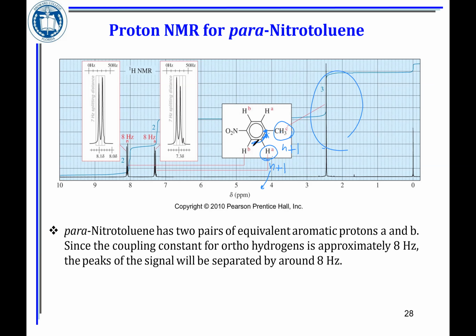On the left side, there is 1 hydrogen, and that makes it 1 plus 1, and that is 2. So you would get a doublet. So for hydrogen A, you get a doublet. For hydrogen B, what's the splitting pattern? What is the N plus 1 for hydrogen B? Is it going to be a singlet or a doublet?